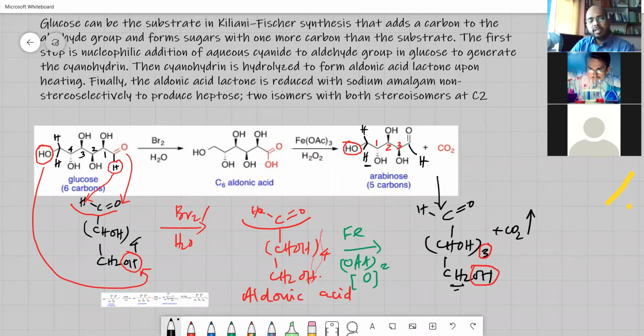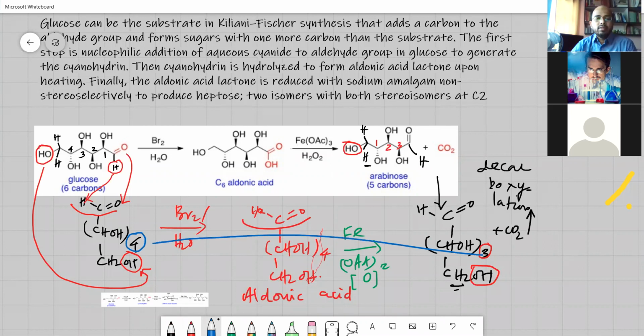So that is why you call it decarboxylation, because you are removing the carboxyl group, by the use of an oxidation process. So finally you can see that here you have 4 carbons and here you have 3. Overall, this will have 6 carbon atoms and overall 5 carbon atoms.